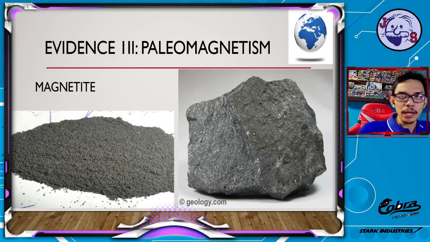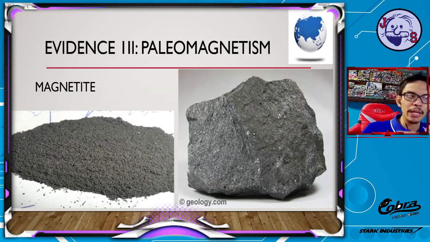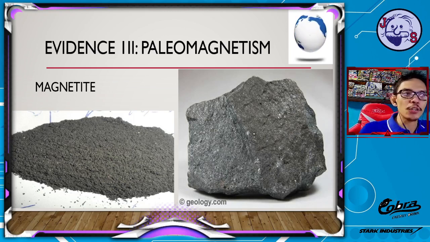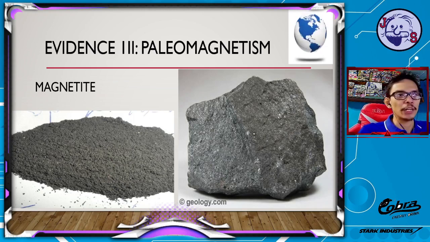When they are in liquid form, they follow the Earth's magnetic field, and when they solidify, like the one you have right here, these orientations are stuck forever in that particular rock.